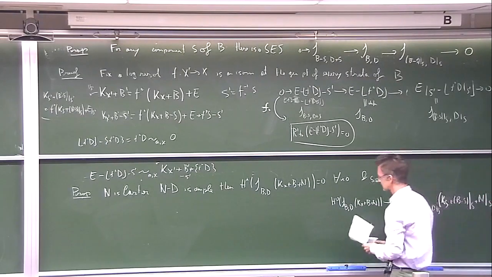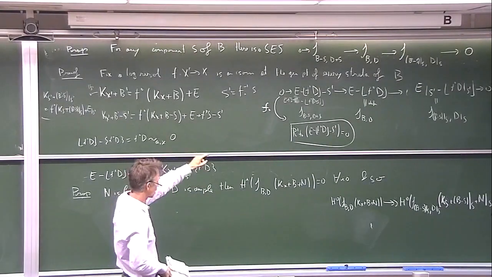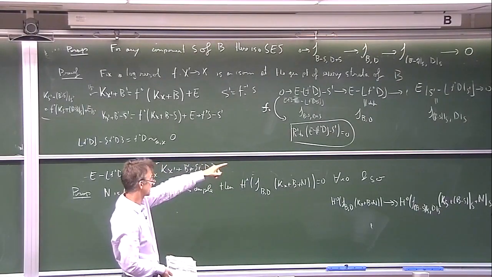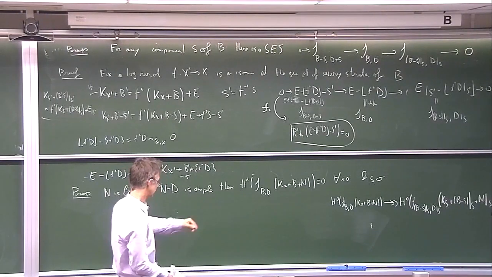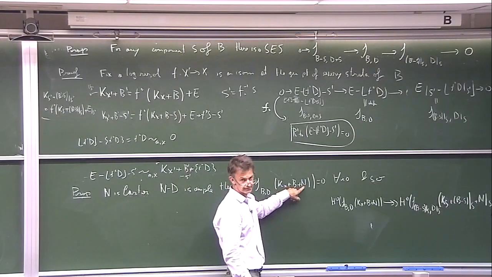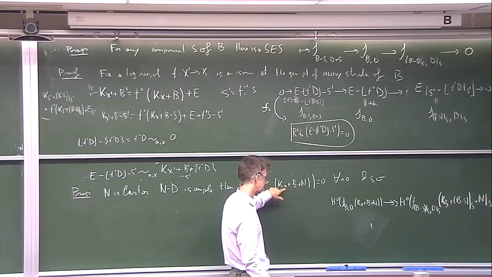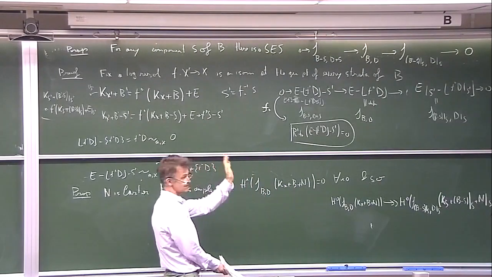Okay, so let's stare at this for a minute. I take the above short exact sequence of ideals, and I'm twisting it by a Cartier divisor, Kx plus B plus N. Remember, X, B is log smooth, right? Cartier divisor. So it stays exact.